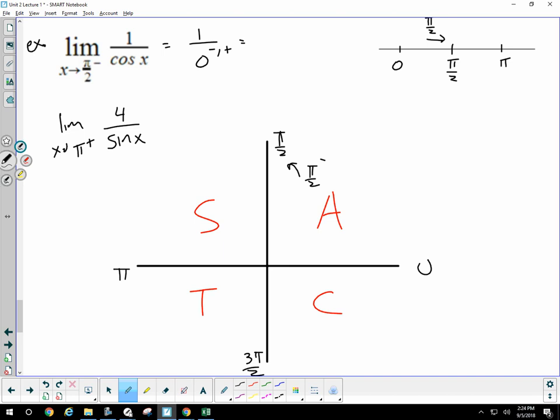So I am approaching 0 from the positive direction, even though I'm approaching pi over 2 from the negative direction, I guess. And that is a positive infinity.